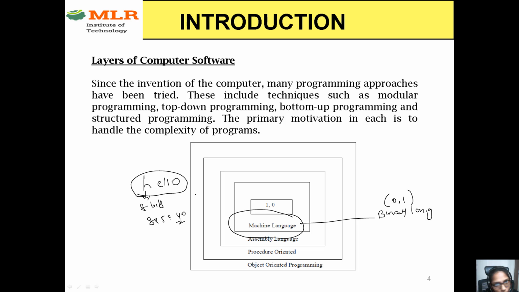I cannot remember 40 bits here. Instead of remembering 40 bits, simply I can remember the hello message. That is the comfort we get with our English language or any other programming language. Initially we didn't have all these languages or converters, so that's why we continued with the machine language only.